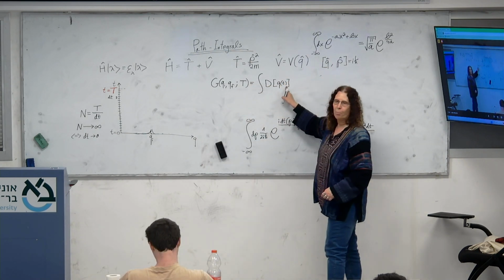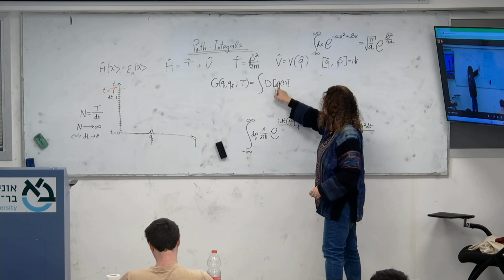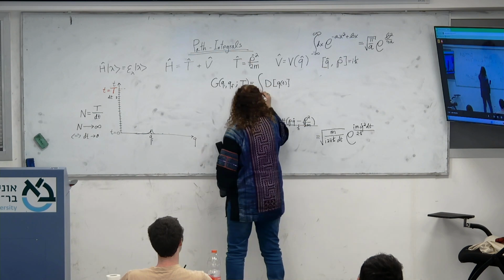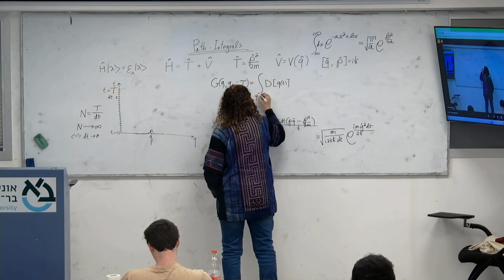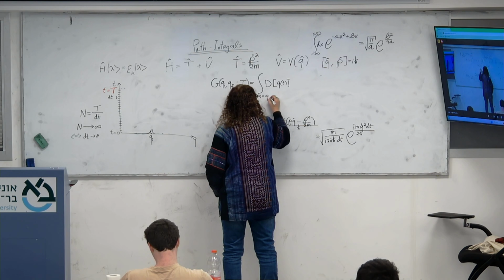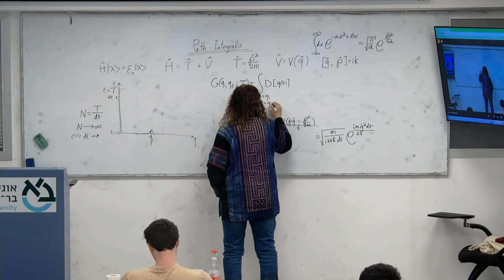We no longer have P, just Q of t, which is a trajectory. The integral is calculated under the constraints that at t equals 0, I have Qi. At the final time, capital T, I have Qf.